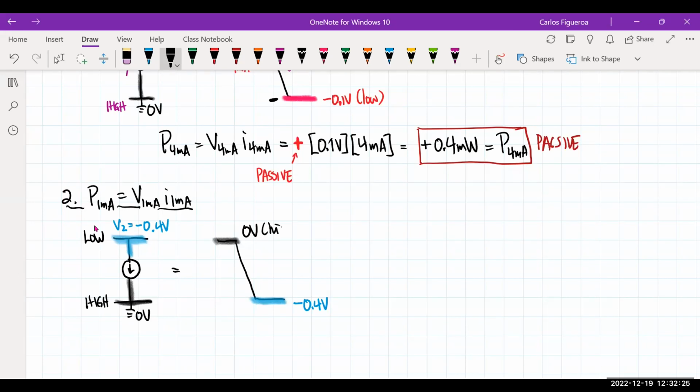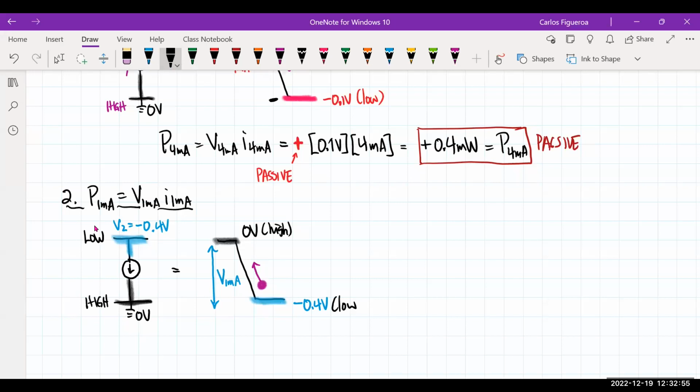So this is the high, this is the low, but look at the direction of the current. The current goes from low to high. So that means my source here is taking a current uphill. So this height right here, from here to here, has to be the voltage of the 1 milliamp source.